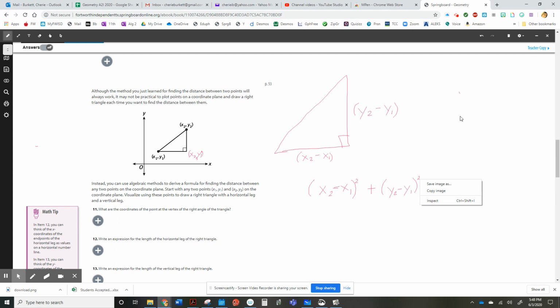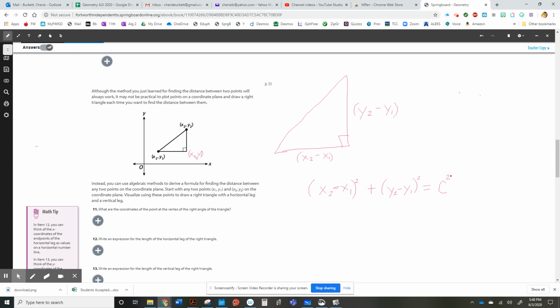When we add those two distances together, that's supposed to equal this length right here, which we usually call C, squared.